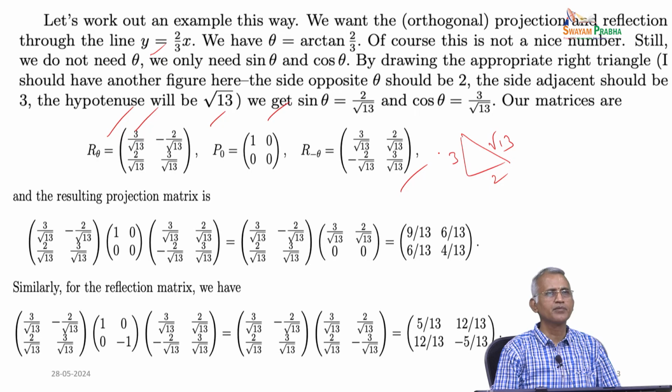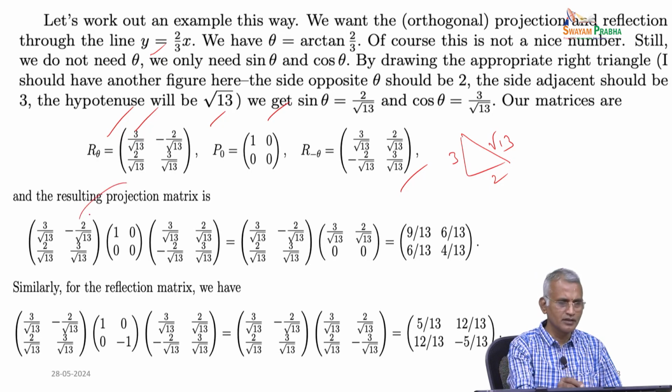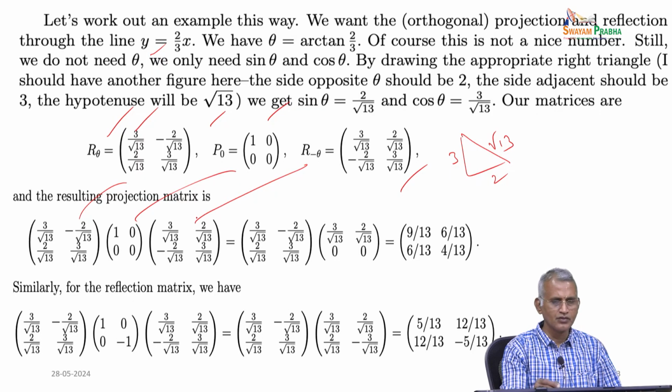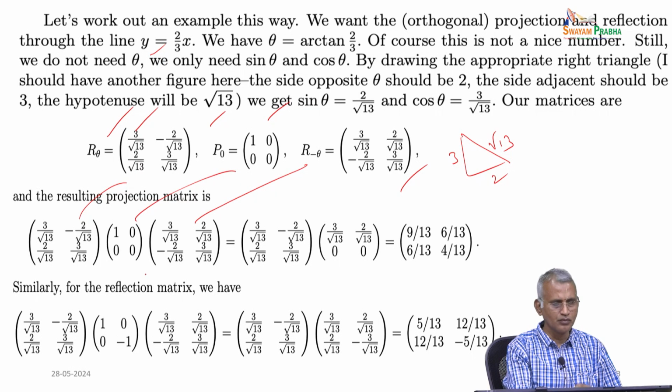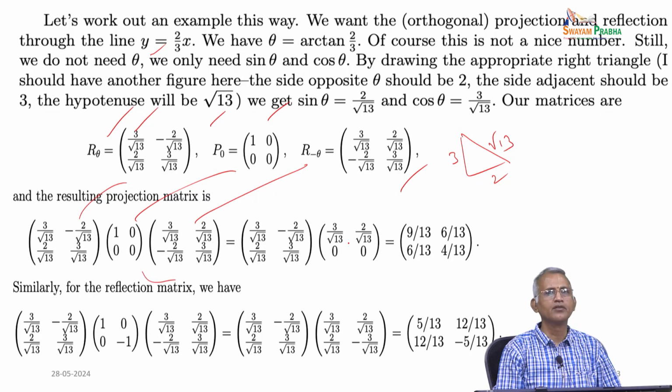So, the resulting projection matrix is simply multiplying them. For first these two multiply, you have 3 by root 13, 3 by root 13, 2 by root 13, 2 by root 13, 0 0, and with these two matrix multiplication, then we have 9 by 13, 6 by 13, 6 by 13, 4 by 13.